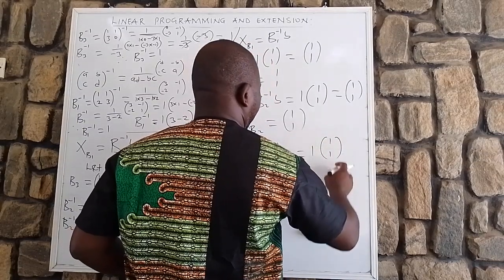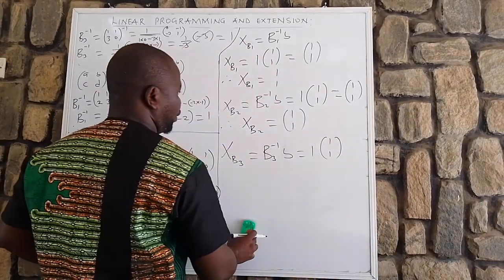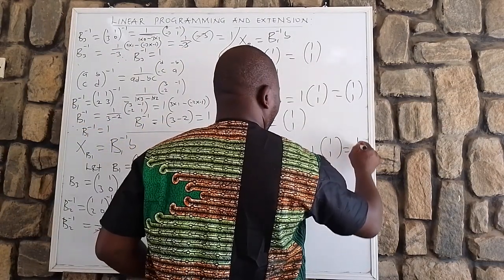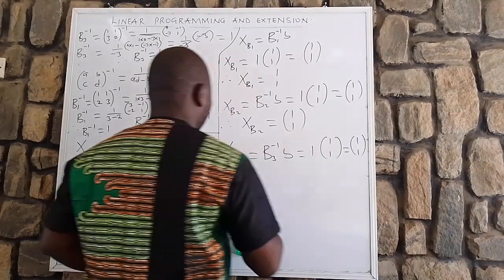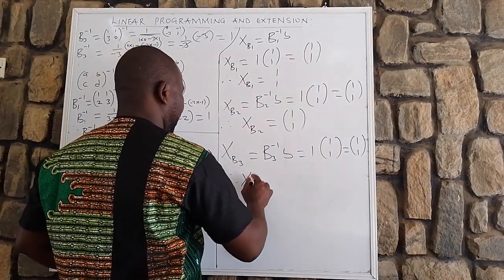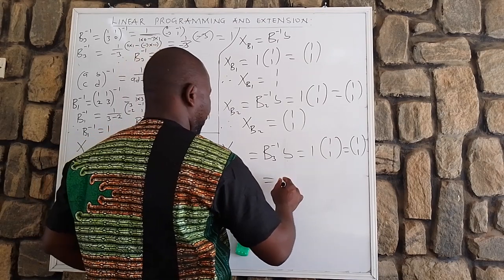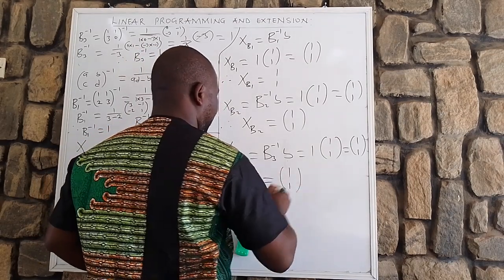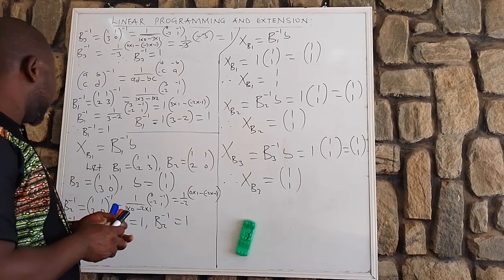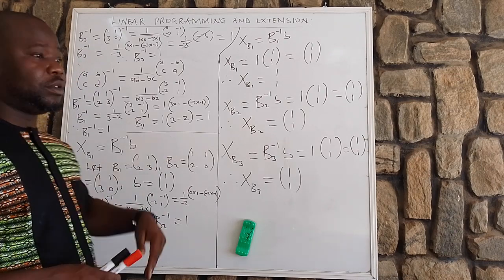This one times this is the same thing. So here will still give us 1, 1, isn't it? So therefore our XB3 is equals to 1, 1. This is how you are going to find it. This is where we are going to stop.